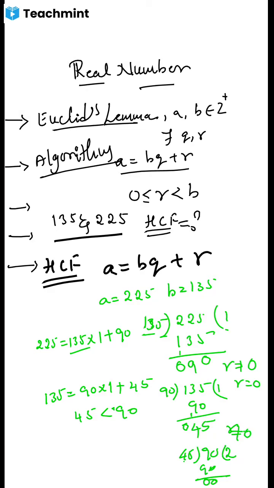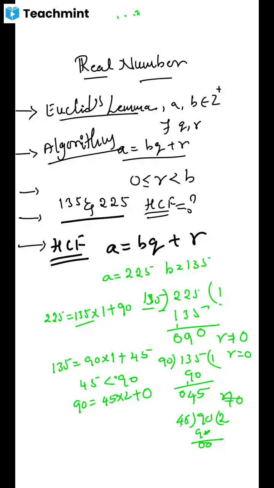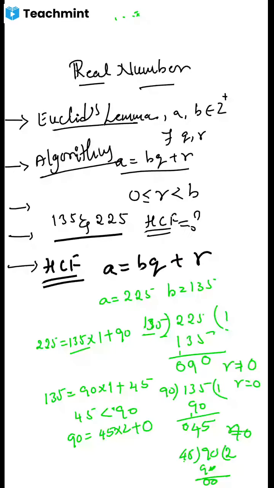So 90 = 45 × 2 + 0. What is the HCF here? The HCF of the given two numbers 135 and 225 is 45.